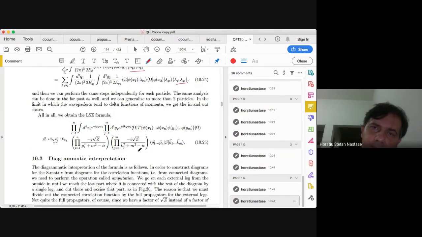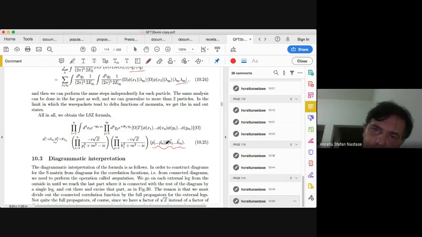So even with wave packets, just from the physical assumption of separability, of having incoming and outgoing states, we obtain the same situation. We obtain, namely, the S matrix, which does contain the incoming and outgoing states.